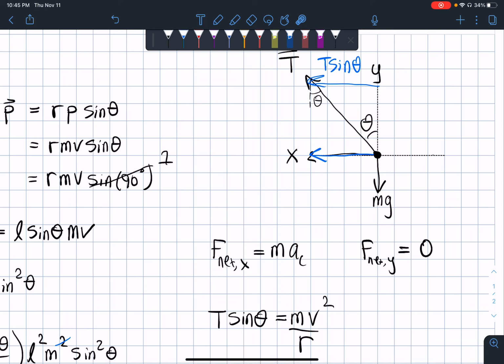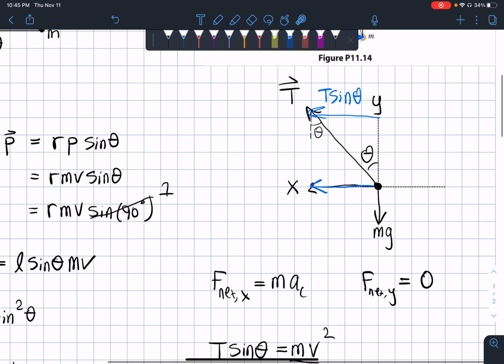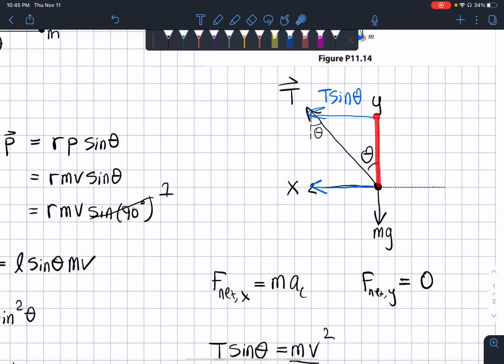Well, there is gravity pulling in the negative y direction from right here, but then there is also a component of this tension right here. And I'll just draw that vector real quick. So that component is actually going to be T cosine theta.